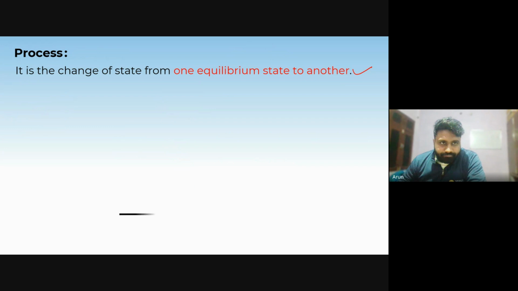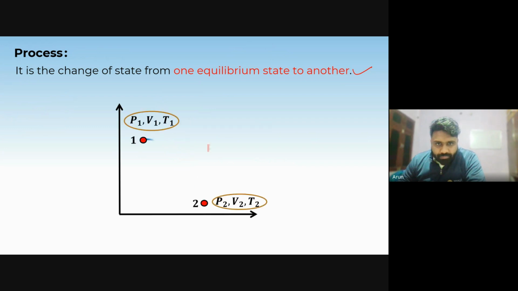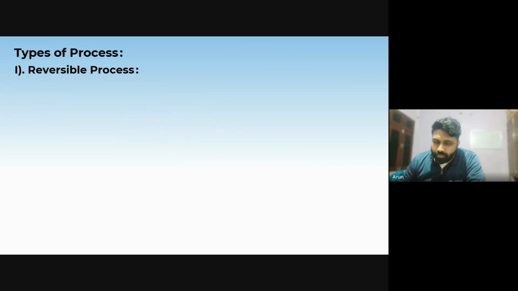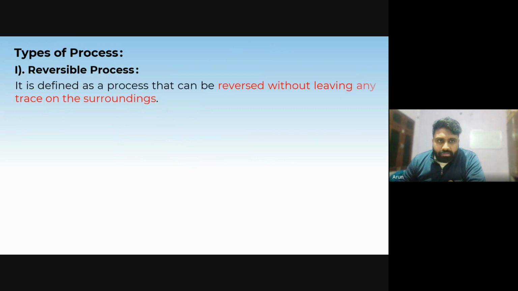Now we will finish this process. Types of process we will have: reversible process. It is when the process is reversible, which means you can reverse this process. Suppose you are at your home at JNV Ramnagara, you go to JNV Baleri, and when you return back, this process is called a reversible process.